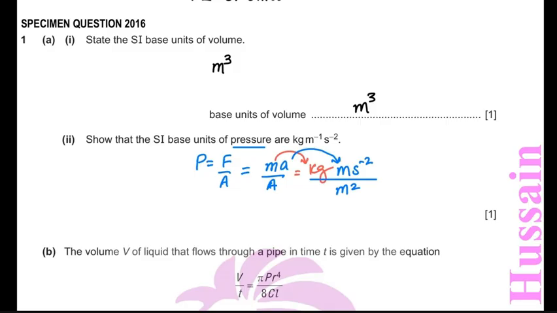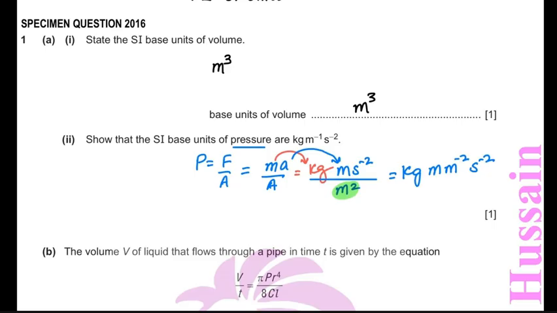Simplifying this will make it kg. When you bring m power 2 to the numerator, it will become m power minus 2. So it is m power 1 and m power minus 2, s power minus 2.